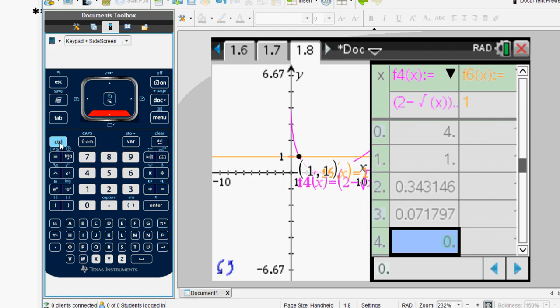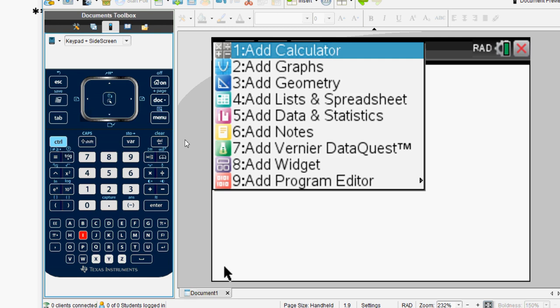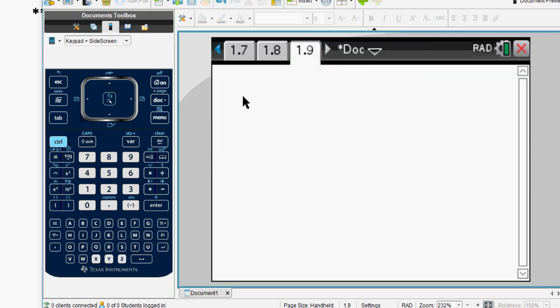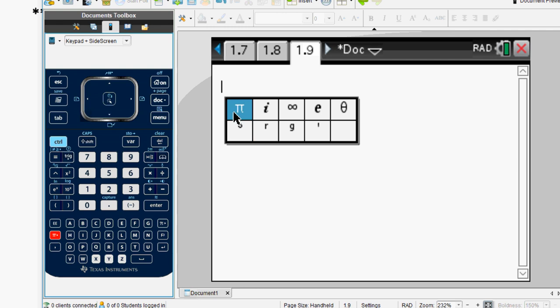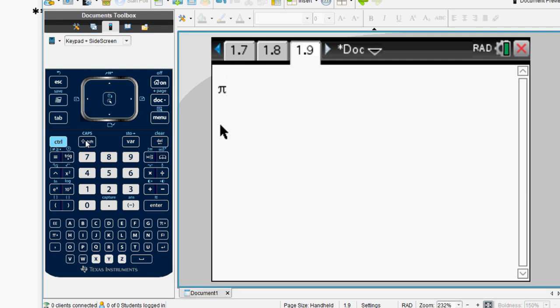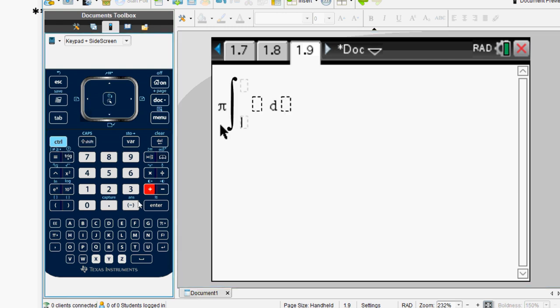Okay, get another page, Control I, add calculator. So we have pi times the integral, shift plus sign, from 0 to 1, and our big R is going to be 1, and we're going to square that.